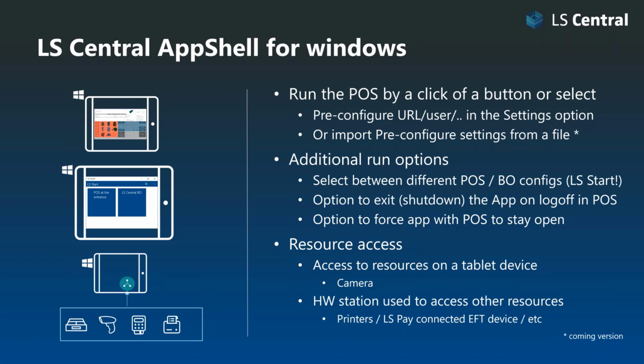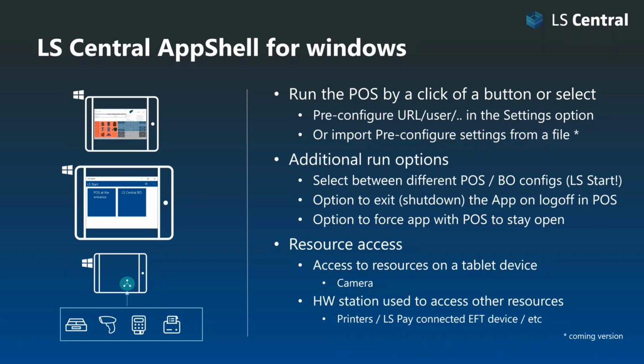Now, the Windows version will have the same features of simplifying running the POS, but additionally, we are addressing some issues that we have previously been solving with our LS Start program. So in the Windows version, there's a possibility to define a number of configs of the POS or LS Central, and the user can select them at runtime.